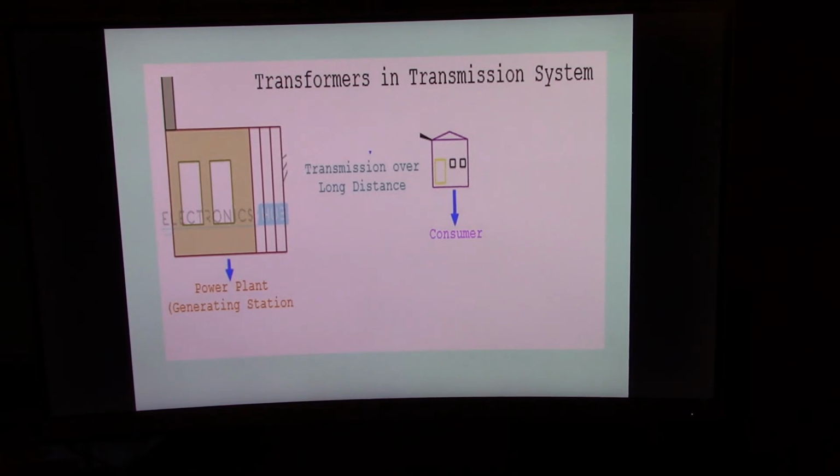And if you remember, in the beginning part of the course, we were talking about AC versus DC, and transformers obviously played a major role in that debate. So you need to have some way, you have a power plant, it produces power, and then it transmits over long distances to the consumer.